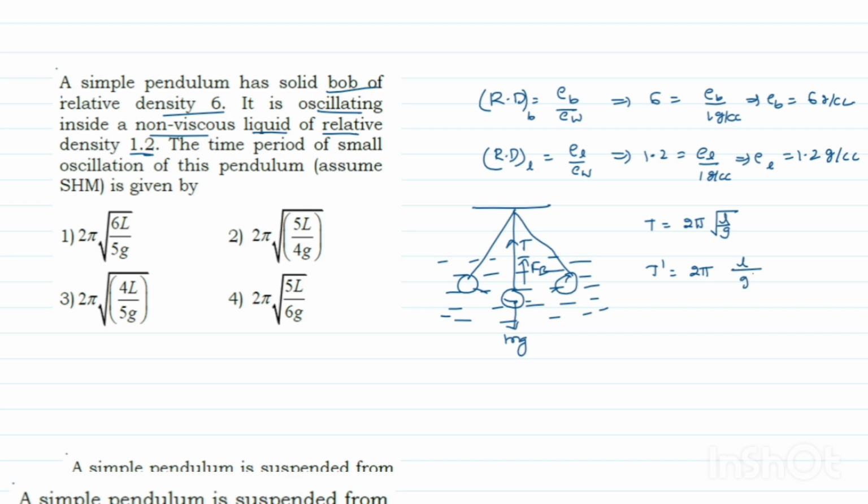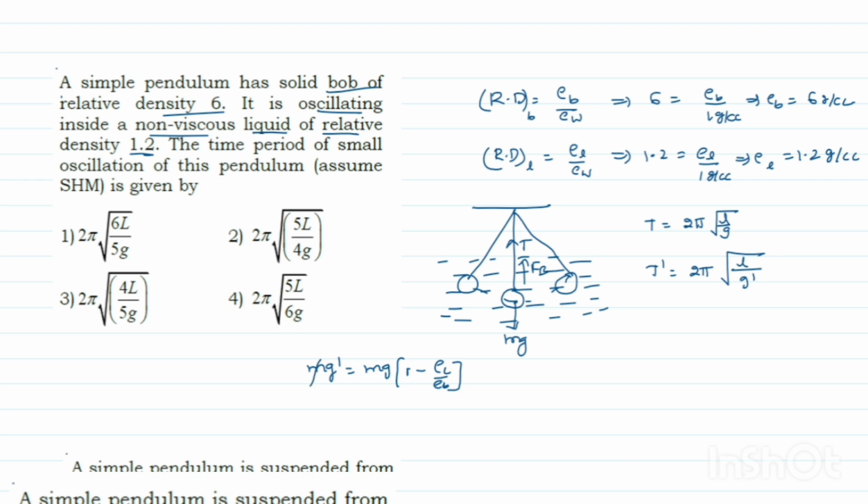The new g dash value comes from the apparent loss of weight formula: mg dash equals mg into 1 minus density of the liquid by density of the body. This apparent loss of weight formula we learn in fluid mechanics.